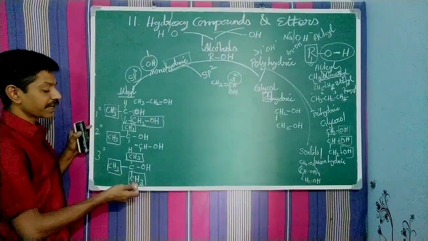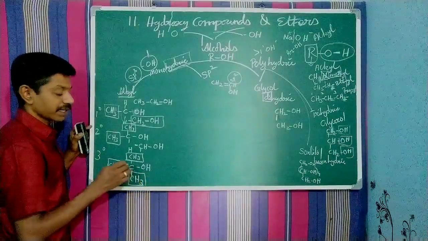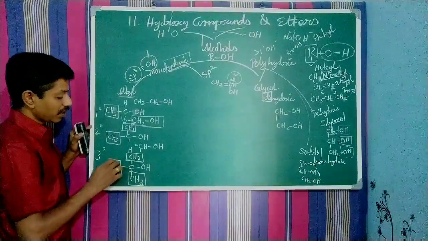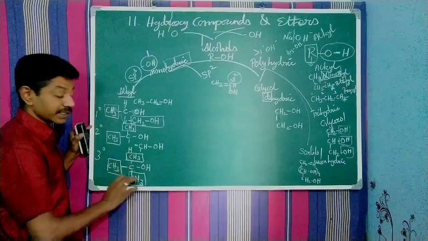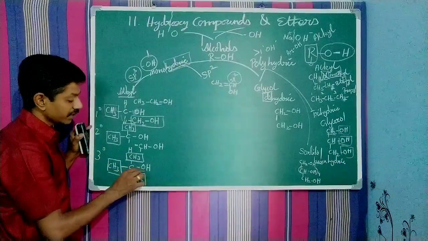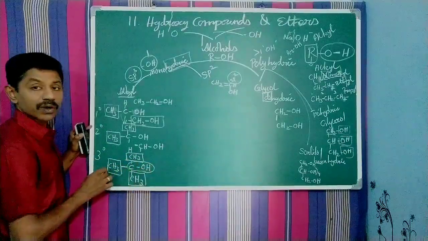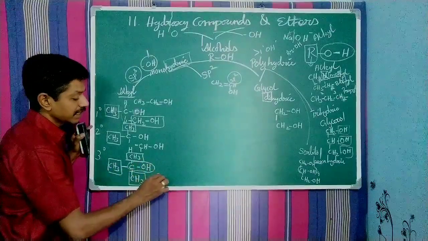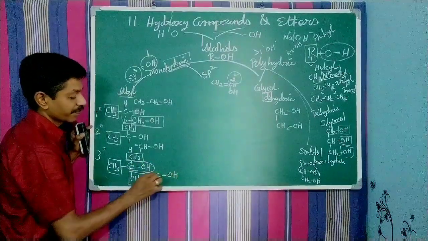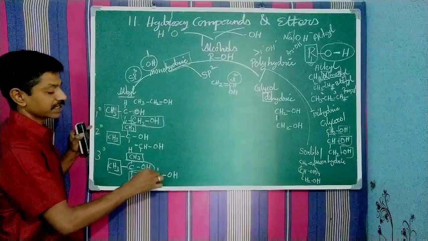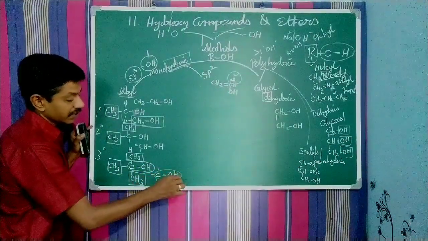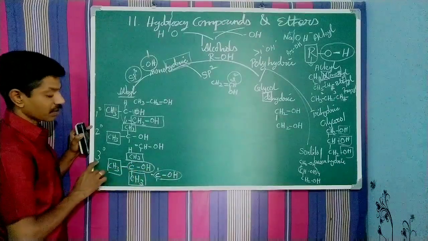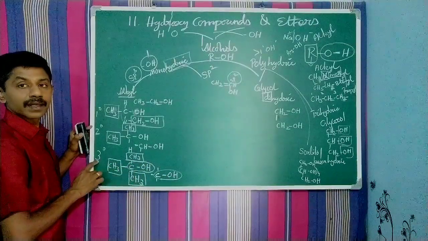It may be methyl, ethyl or propyl, any of the alkyl groups. So 3 R groups, tertiary. But leaving all these 3 R groups, look at the general structure of the OH attached carbon, it is COH. That means all 3 sides have alkyl groups. And if this is the structure, then you talk about tertiary.